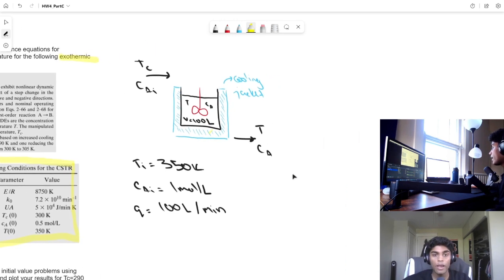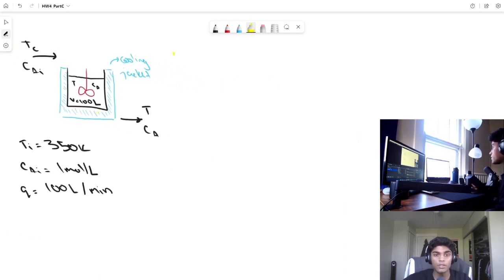So we also have to account for the heat transfer out of the tank, and we can create an equation for it.